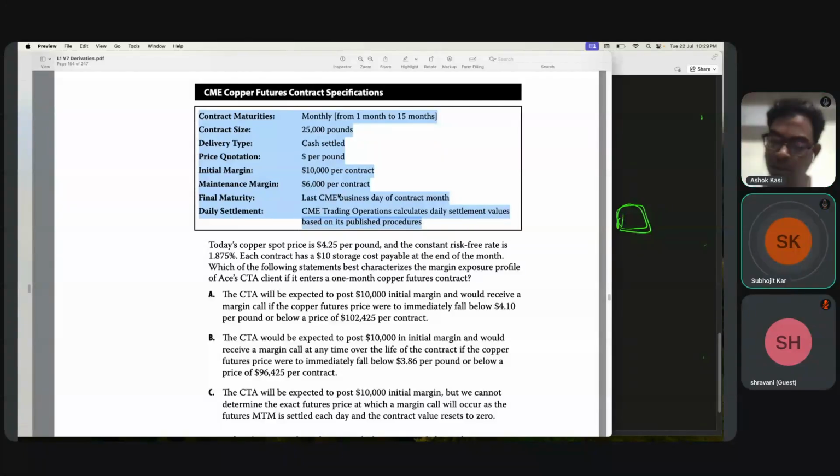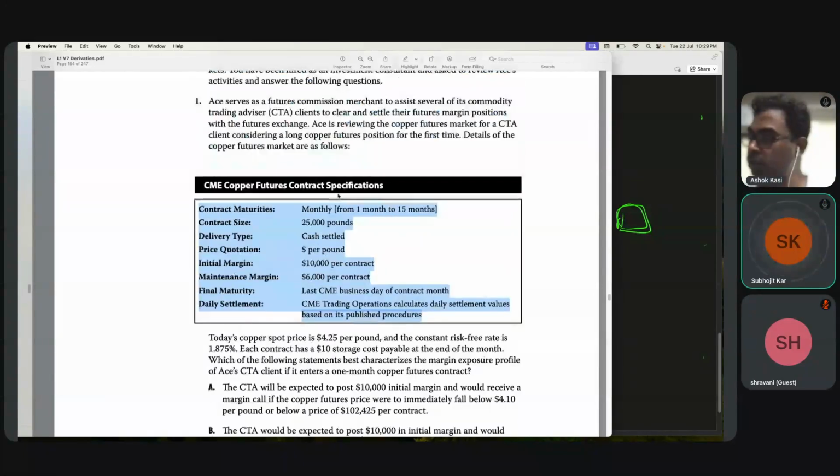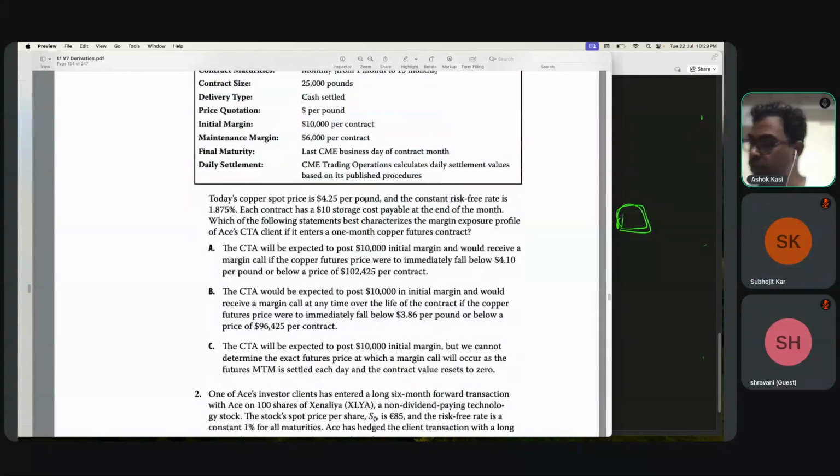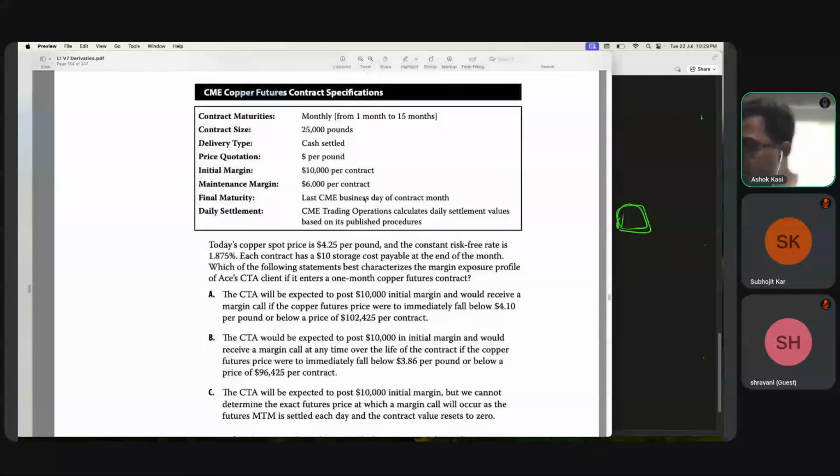This is Chicago Mercantile Exchange, an exchange where this derivative contract takes place. So these copper futures contracts are taking place.